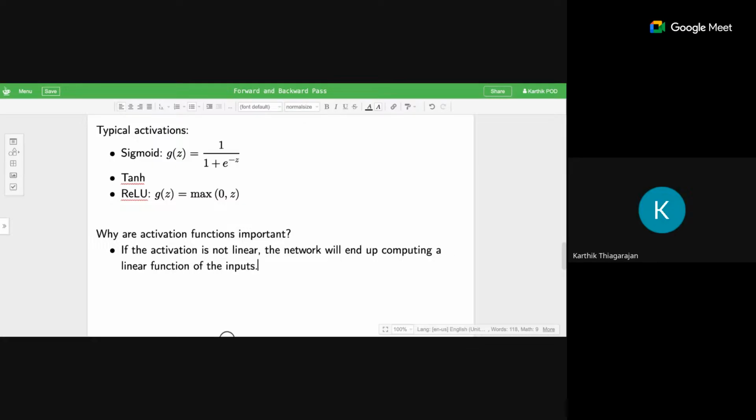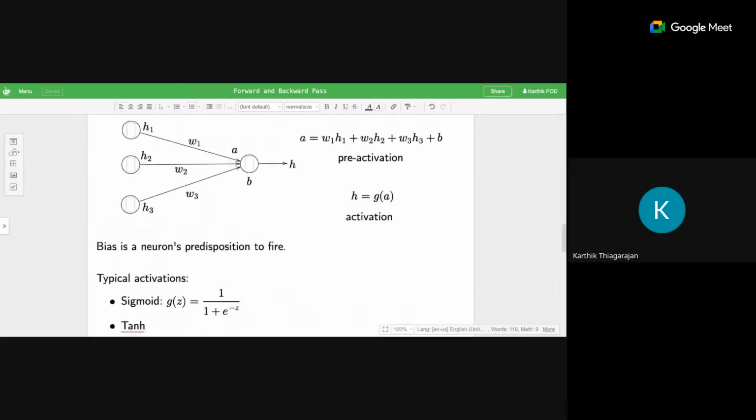And this is kind of useless, because you already have linear classifiers such as logistic regression and SVM. Why would you want to present a linear classifier in the form of a neural network? That's a waste of computational effort. So you need non-linearities, and for that you need non-linear activation functions.